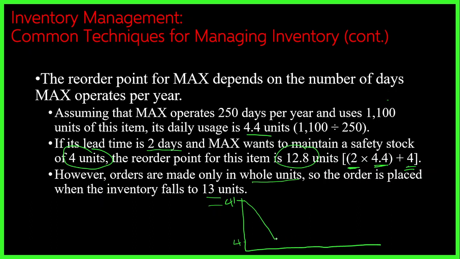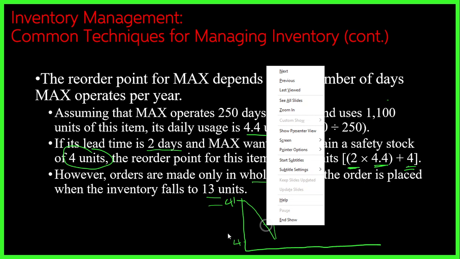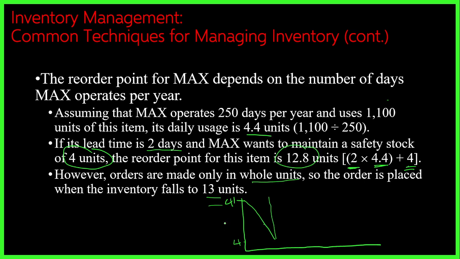You want your order to arrive when your inventories are down to 4, right? Your reorder point will answer the question, when are you going to order? You will order when your inventory is down at 12.8 or 13 units.